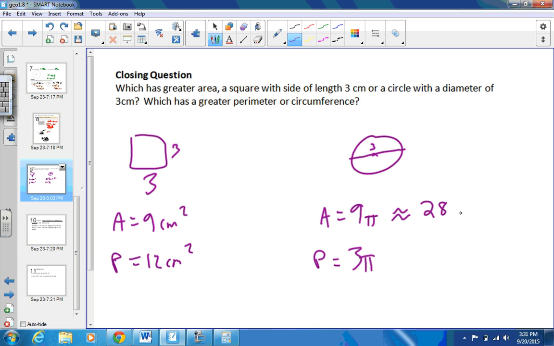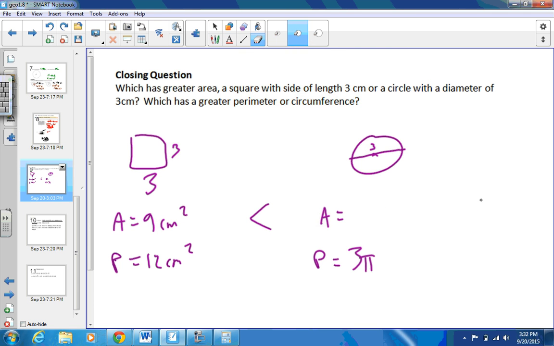That's my estimate. So this one has the greater area. Perimeter, we have the diameter. Ooh. Back up here. I knew this didn't seem right.